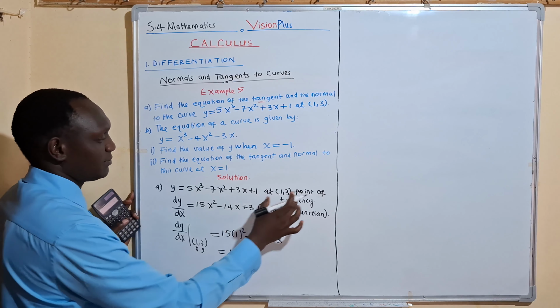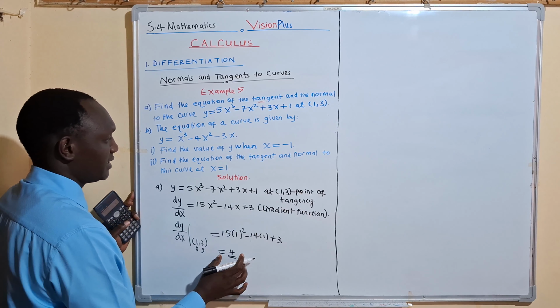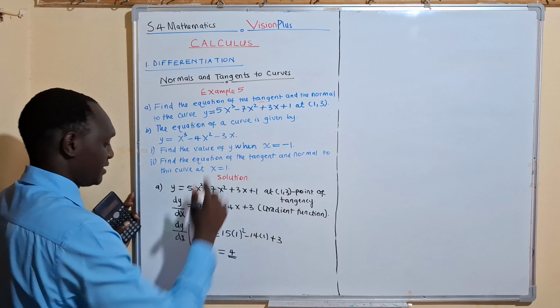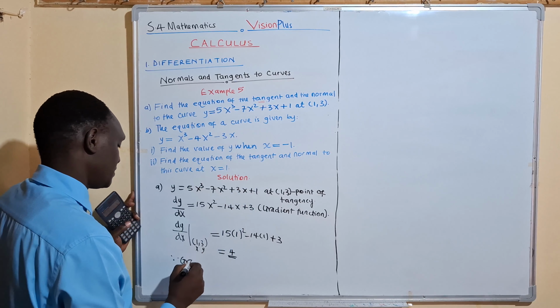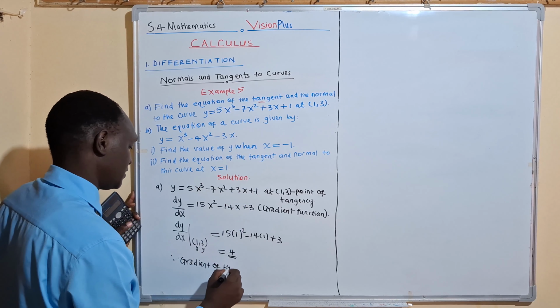And we know that at the point of tangency, the gradient 4 of the curve is the same as the gradient of the tangent. Therefore, this is also the gradient of the tangent.